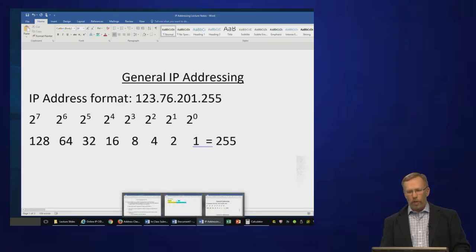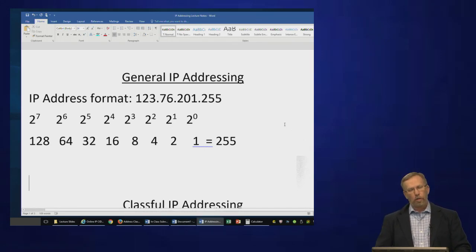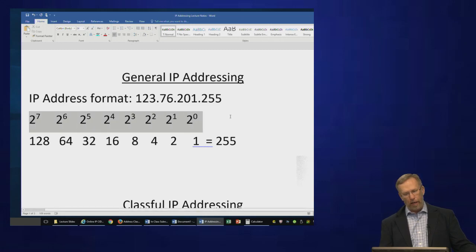So, when we talk about IP addressing, an IP address is a number that's formatted in dotted decimal format. So we have 4 sections of the IP address, and each of those sections represents 8 binary bits. I pulled this chart over from our last lecture where we had the powers of 2, 2 to the 7th down through 2 to the 0.